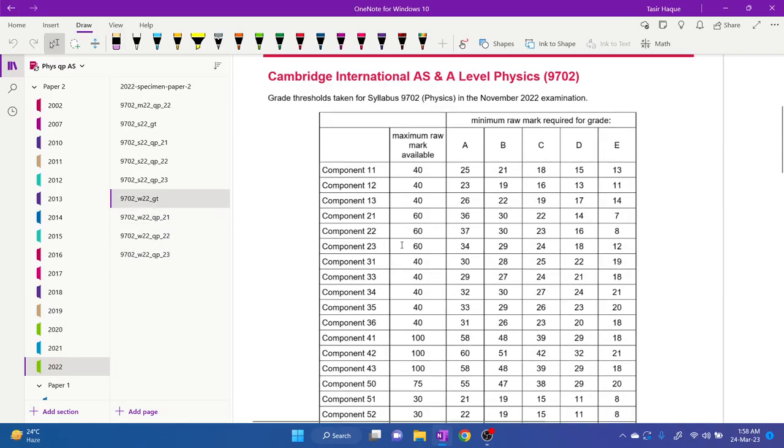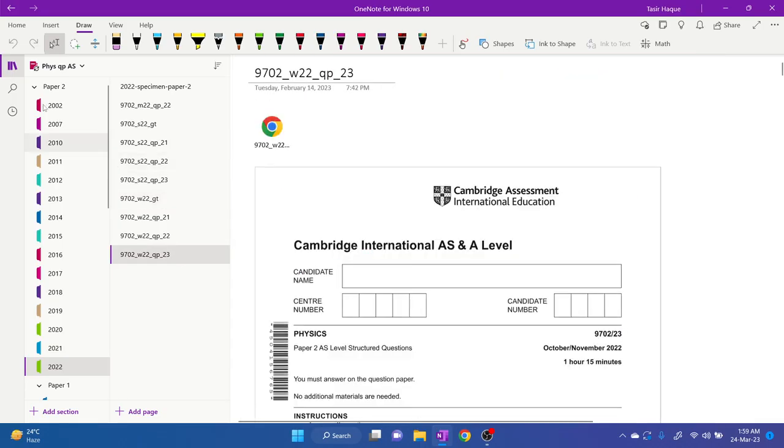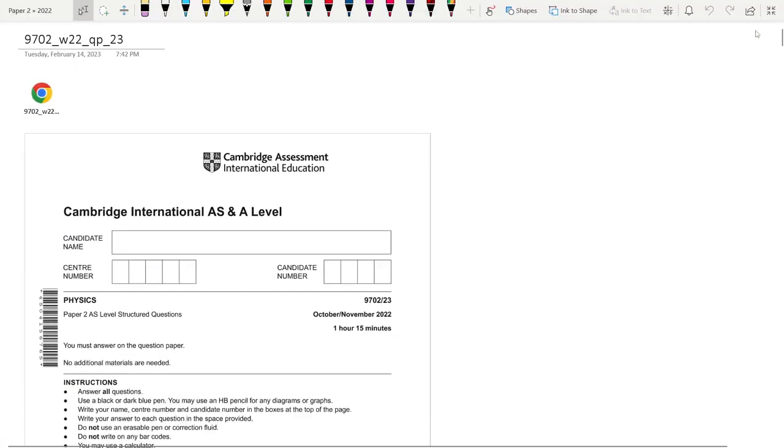So for variant 2-3, we had A at 34, B at 29, C at 24, D at 18, and E at 12, out of 60. A was at 34, the lowest out of the three.